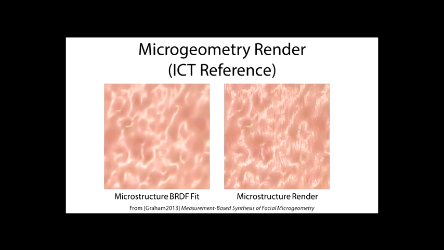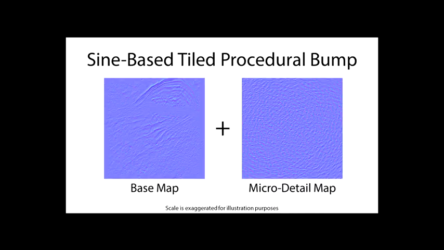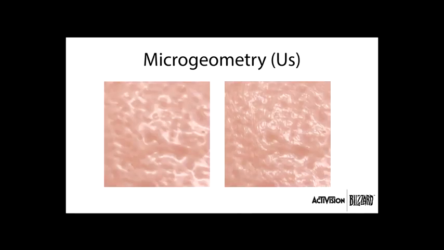If you look closely at the microstructure distortions, you will notice that they look pretty much sinusoidal. So we thought, why not try to perturb the original base map, which is usually 2K in our case, with a tiled sinusoidal noise. And we found this simple approach to yield really good results.